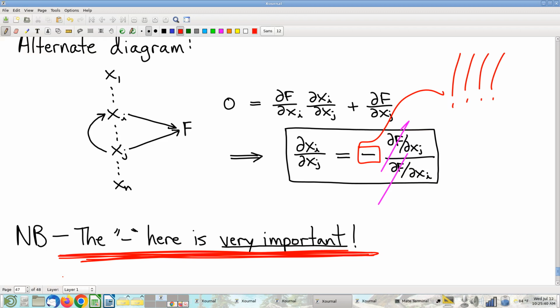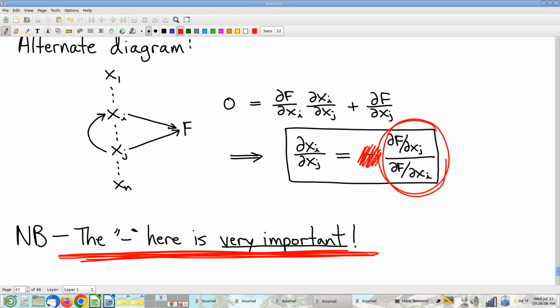That's not what this sign is. This minus sign is representative of understanding an entire argument about implicit differentiation and how to use the chain rule to understand implicit differentiation, and forgetting it. If you oops and don't write this down, and you write down just this alone, honestly, at a glance, that just makes it look like you think that you can just cancel those partial f's, which of course you totally can't.